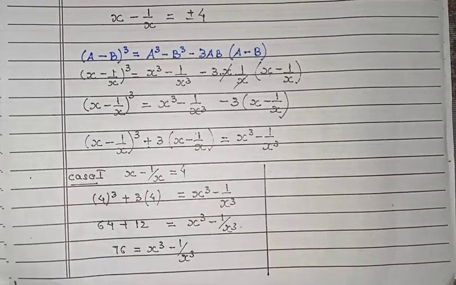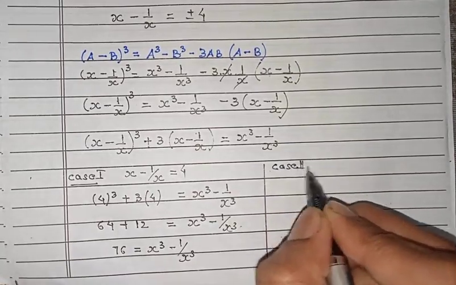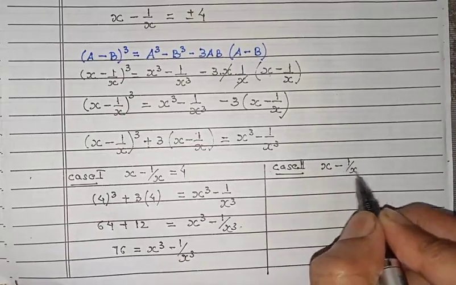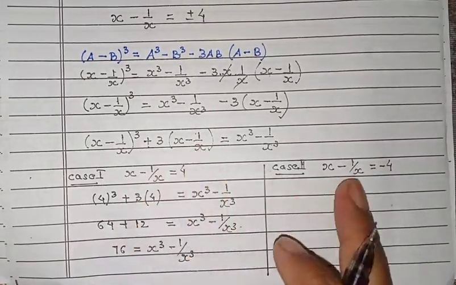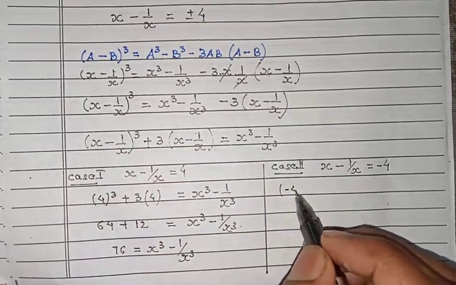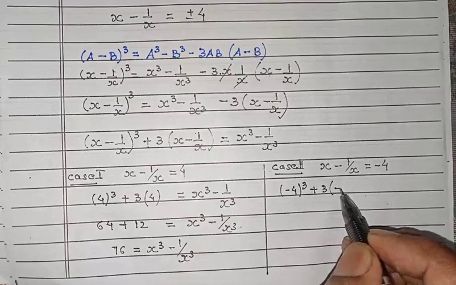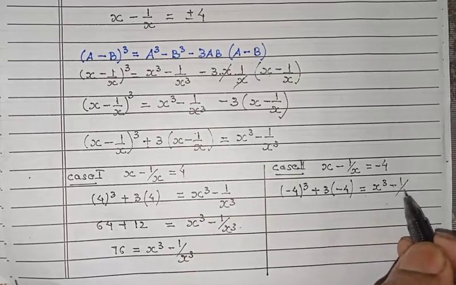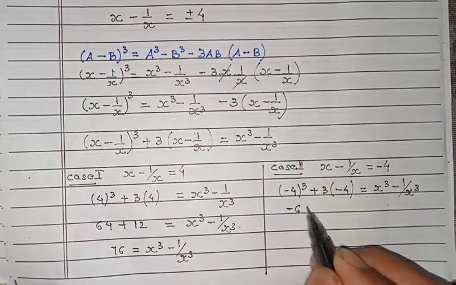So what we will do in case 2, as you can see, the value for x minus 1 upon x is equal to minus 4. Now in the same formula you will substitute the value as minus 4. So minus 4 cubed will give you minus 64.